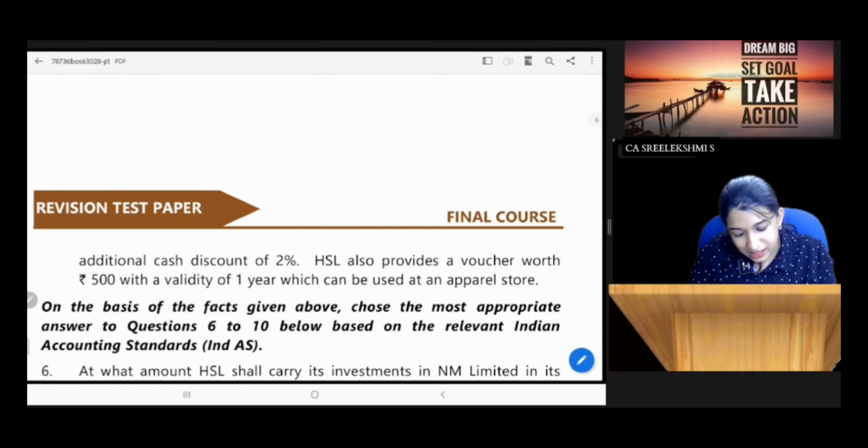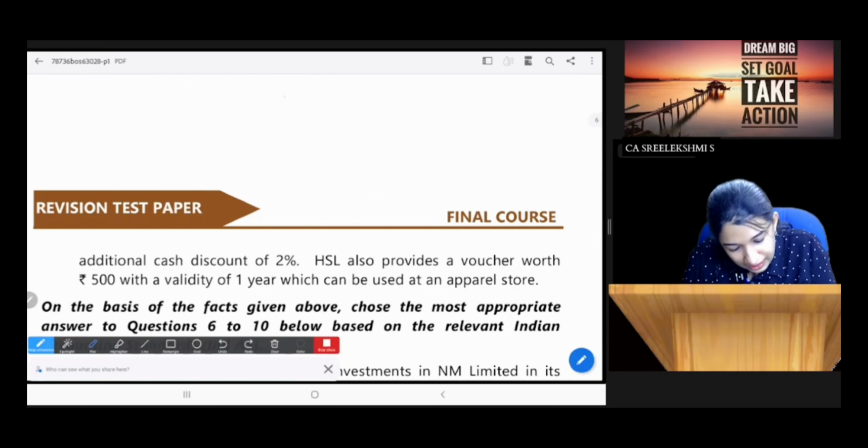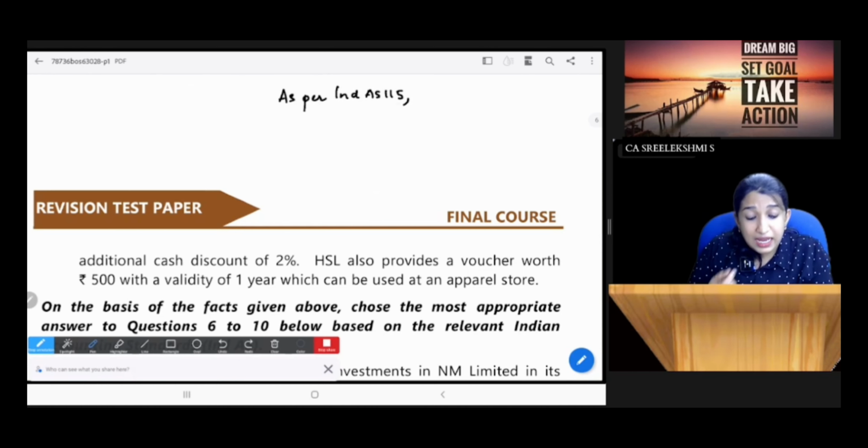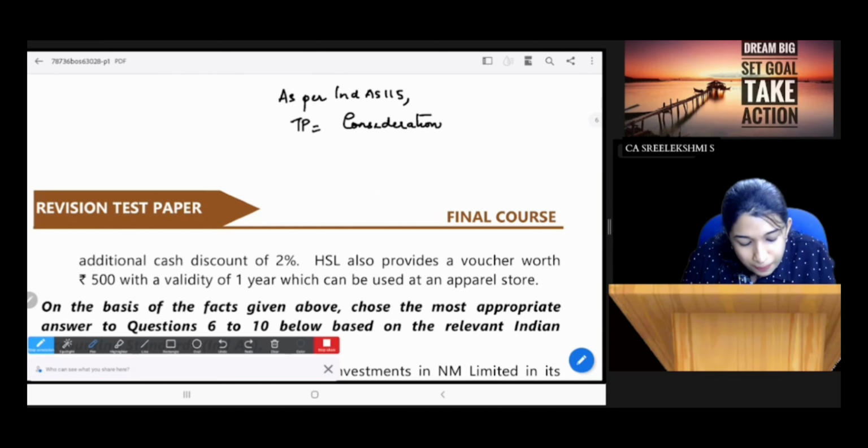But as per Ind AS 115, transaction price is the expected consideration. What is the keyword I used to say? Consideration expected to be received.